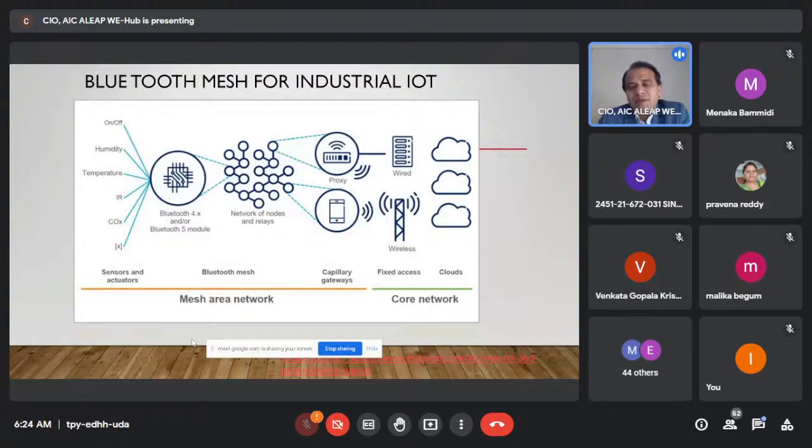Bluetooth mesh technology for industrial IoT is one of the best examples. We have the cloud, the network, and the Bluetooth, and you can monitor any parameter or factor like temperature, humidity, carbon dioxide, carbon monoxide (COx), or infrared rays. Then you can do any application.